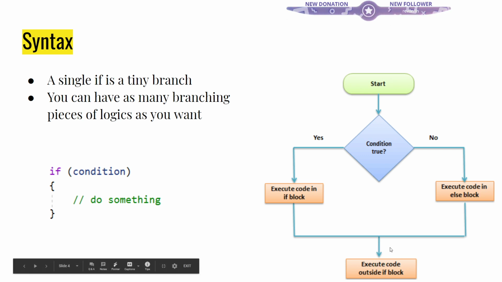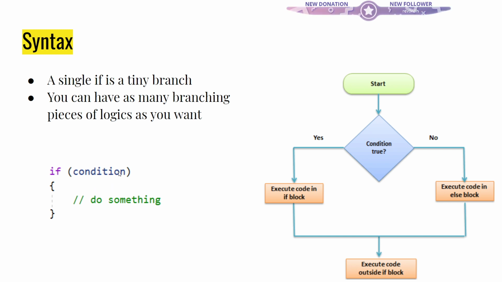Then we end up executing the rest of our code after the if statement gets evaluated. So the most simple example: if condition, and we do something inside. Note here that the condition does not have a comparison to true, because the condition here is a bool already. There is no need to say that a bool is true on top of this, because it is already true or false.